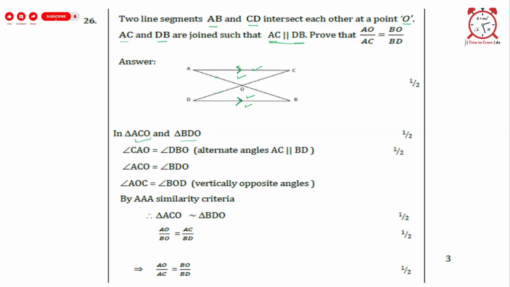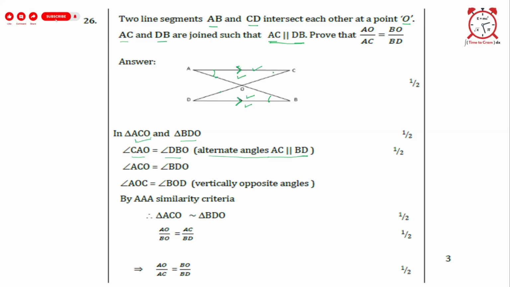The lines are parallel, so by the parallel lines and transversal concept, we may write angle CAO equal to angle DBO. CAO means this angle, DBO means this angle. They are alternate angles by parallel lines AC and BD.